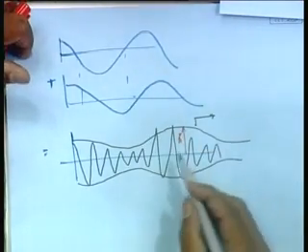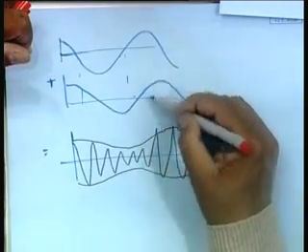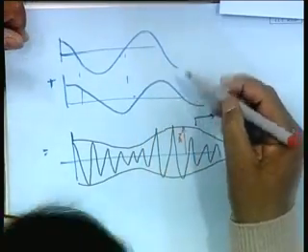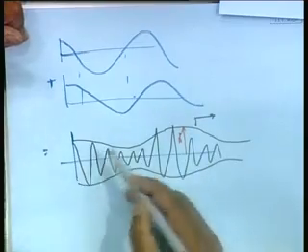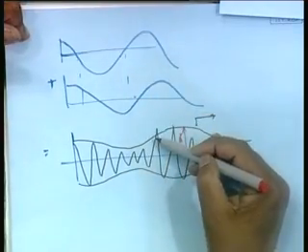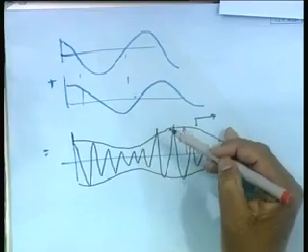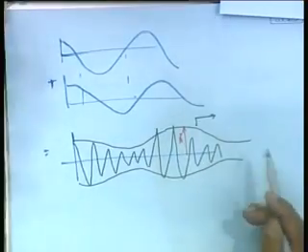A lot of students, a lot of people, have difficulty understanding how two slightly differing waves can give rise to an envelope. Because you think that this is a very nice sine curve, this is another sine curve. When I add the two sine curves which differ only by a very small amount in length, how can it actually cause a modulation? So, the reason is like this.